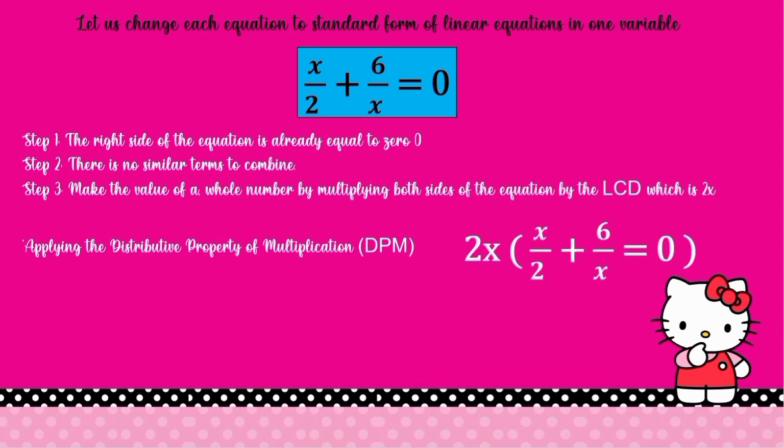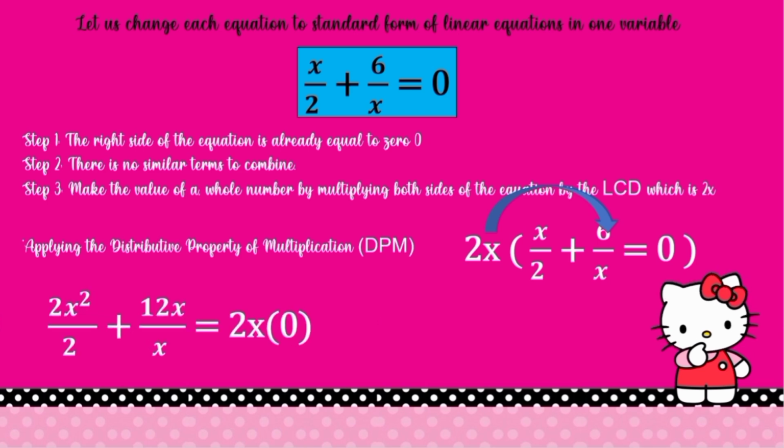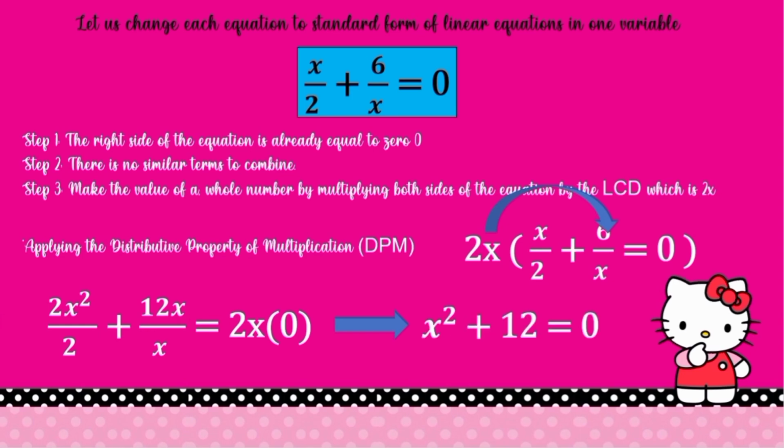We will multiply each term. We have 2x squared over 2 plus 12x over x is equal to 2x times 0. After simplifying the term, we have x squared plus 12 is equal to 0.